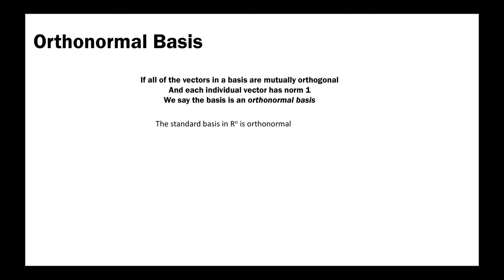An example of an orthonormal basis is one that we're already familiar with, in that the standard basis of Rn is orthonormal. It might be helpful for you to check that this is the case by taking the standard basis and computing the pairwise dot products to see that they are 0, and then computing all the norms and showing that they are 1.